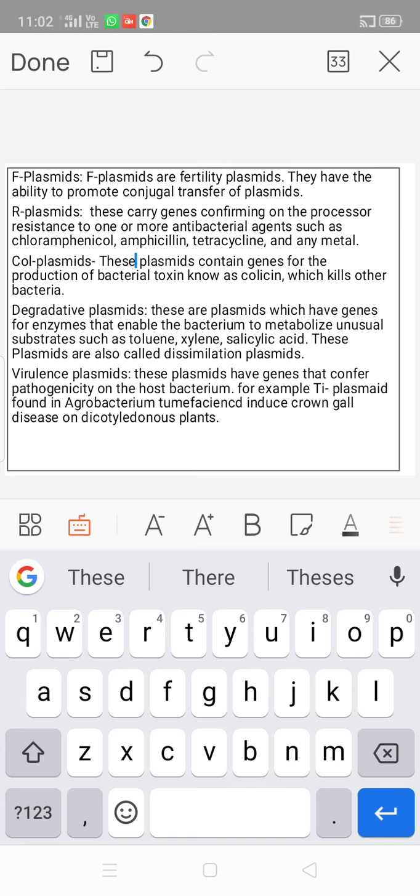And fourth one, degradative plasmids. These plasmids have genes for enzymes that enable the bacterium to metabolize unusual substrates such as toluene, xylene, and salicylic acid. These plasmids are also called dissimilation plasmids.